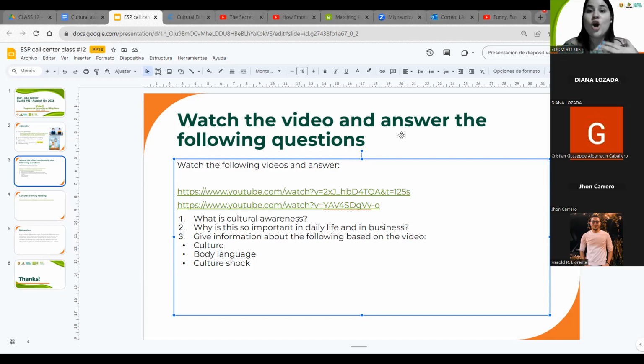But then at the end they got used to it, because that was also one of the purposes of the trip, the cultural immersion and exchange program: to share and learn about our differences in terms of culture. So at the end it was pretty interesting.